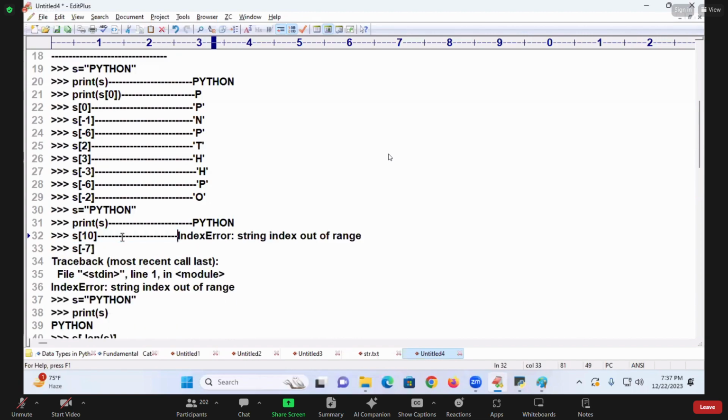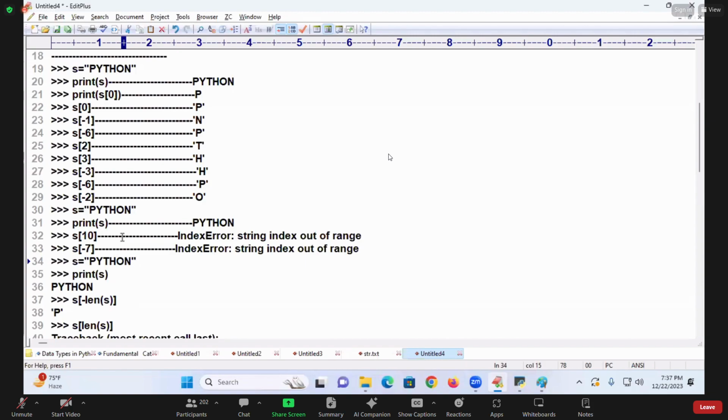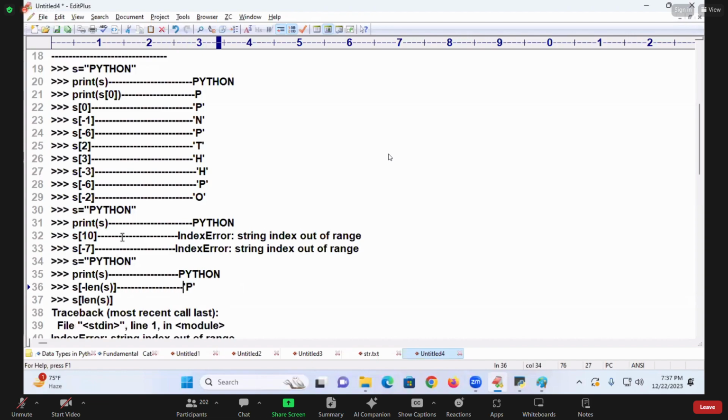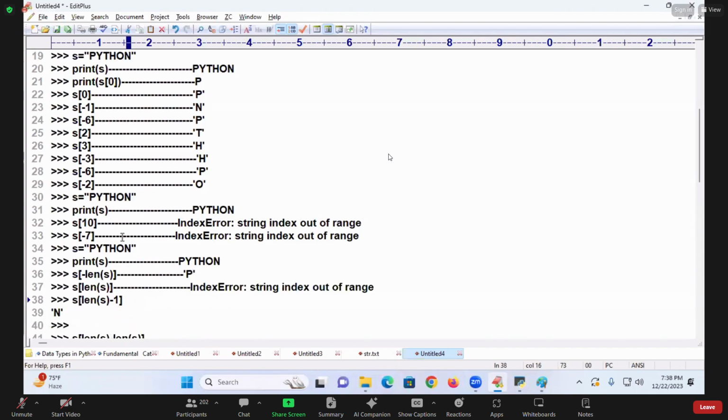So students, we understand index error and everything. Fine. Next we go for the slicing operation. Did you understand up to here? Easier? Yes.